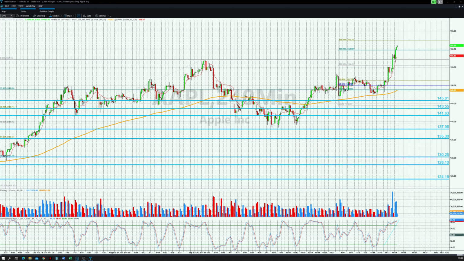Apple, again, see how I make the Fibonacci level and see how the price reacts to it. At the 151, it tried to break, failed, went down again, and then broke it, and now it will probably reach the 162, 165, even higher. If we check again, this was in the pre-market.